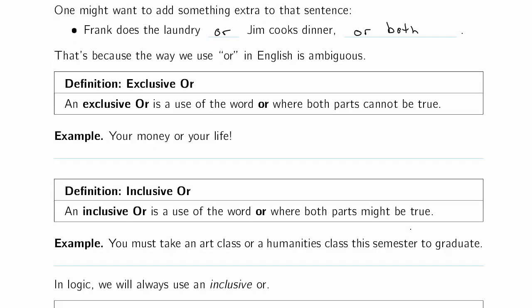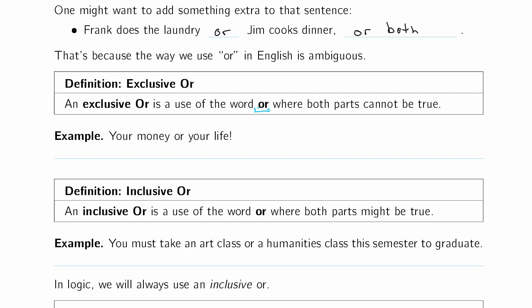There's an exclusive or, where you say or, but both parts can't be true. The classic example here is your money or your life, right? You're walking through the forest in medieval England, and somebody jumps out of the forest at you and points a crossbow, which is a completely normal, everyday situation that I'm sure we can all relate to.